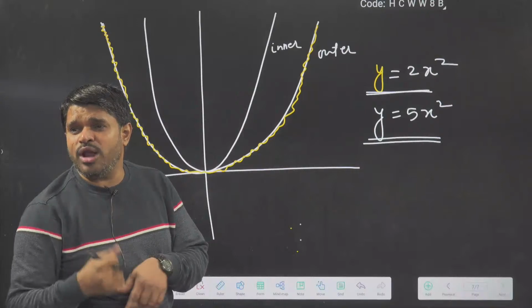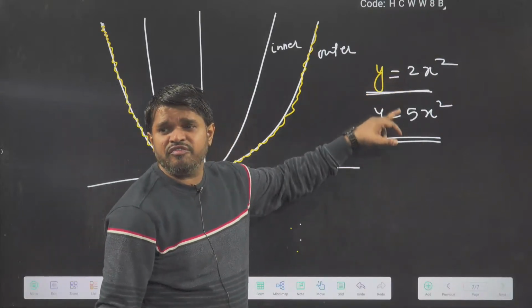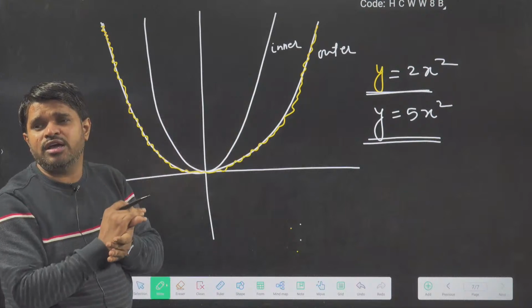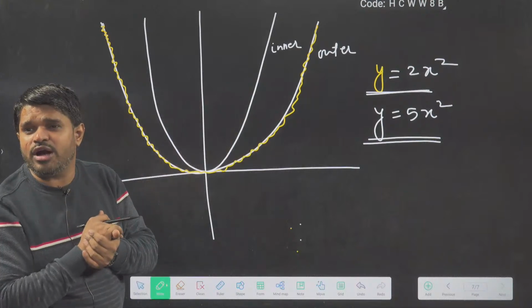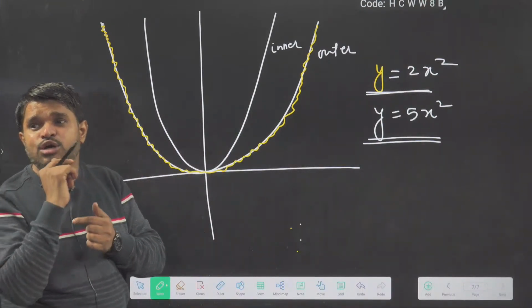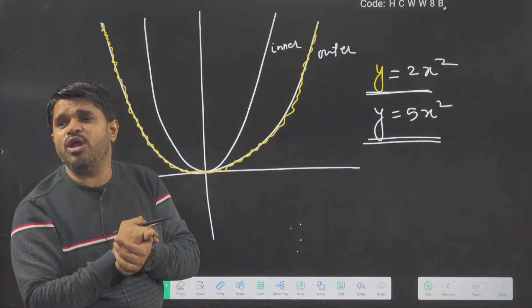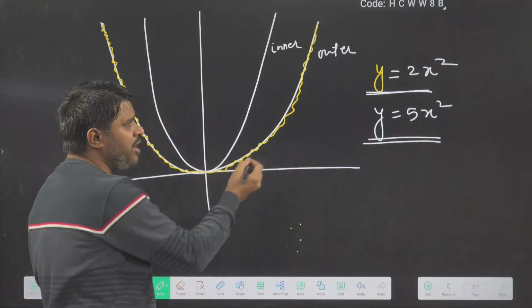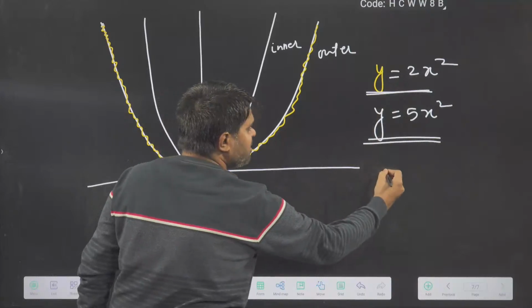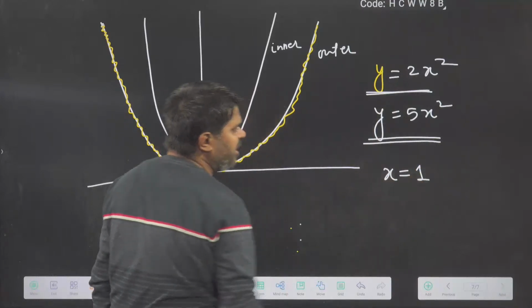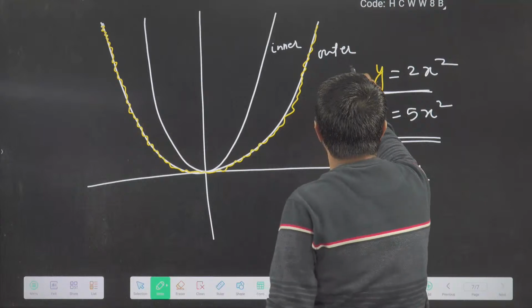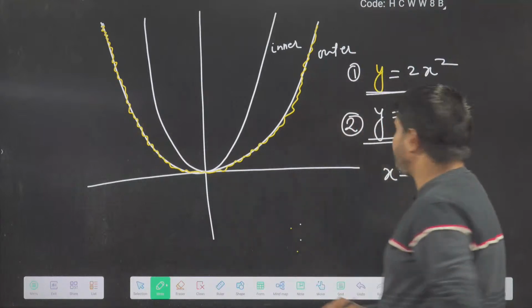Both are parabolas. The coefficient of x square in both cases is positive, so both will be upward facing parabolas. Now the question is, which parabola is which one? That we want to understand. So see one thing, let me take x as 1. So this is parabola number 1, this is parabola number 2.